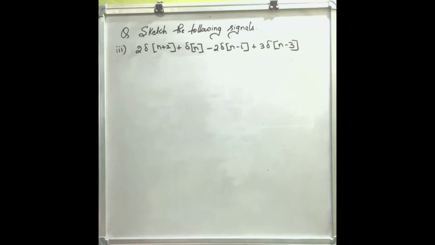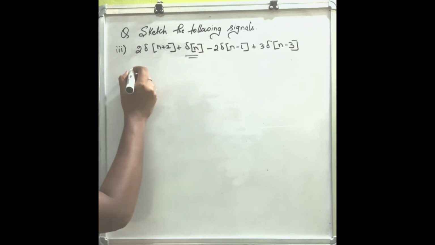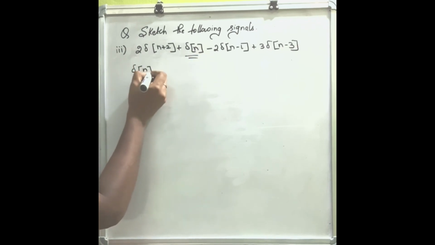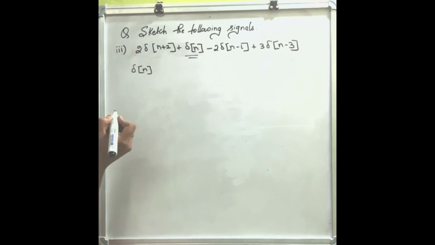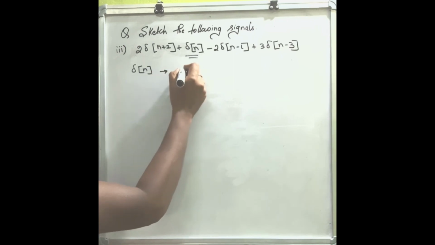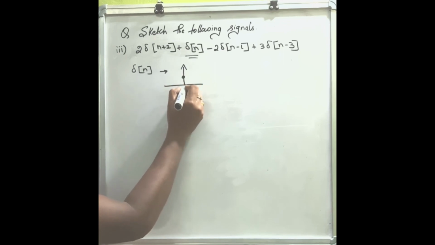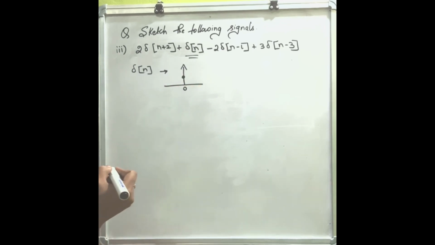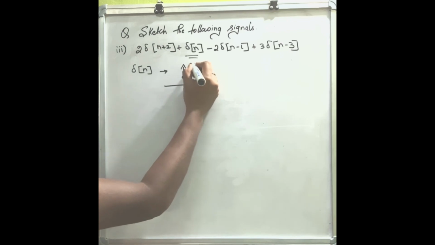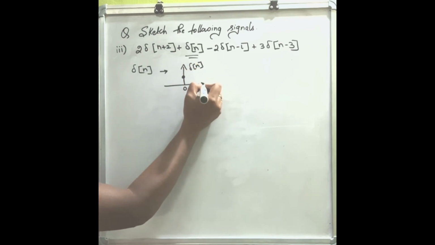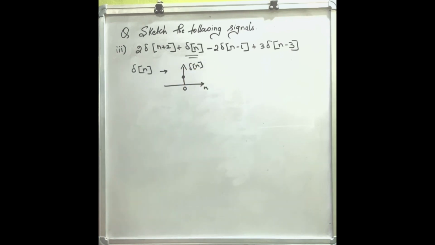Let's start solving. First we'll see what del of n is. So del of n is the delta signal, a discrete time signal. By the formula, only when n is equal to 0 you have an amplitude of 1. This is del of n. Everywhere else it will be 0.